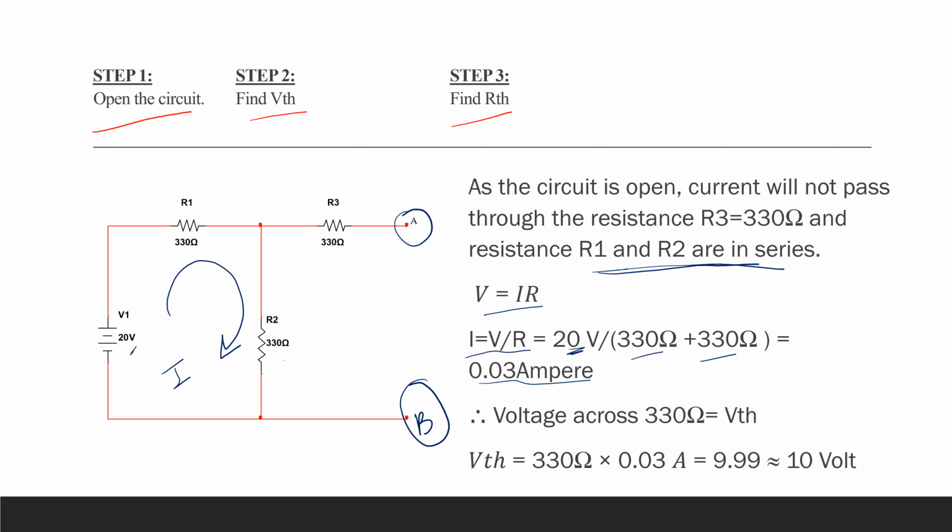To find Vth, as this is an open circuit, Vth is nothing but the voltage across R2. Voltage is equal to resistance into current. Resistance is 330 ohm, and the loop current we already calculated is 0.03 ampere. It is approximately 9.99, or if we round up the value, it is 10 volt.